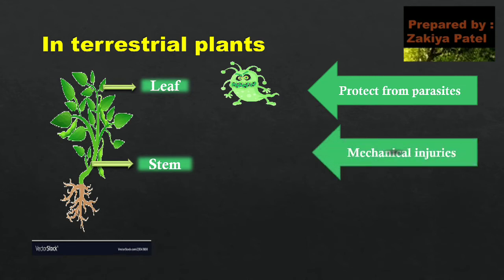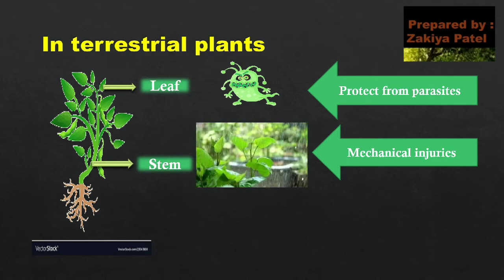The second thing is they protect the plant from mechanical injuries. What do you mean by mechanical injuries? The physical injuries done by heavy rain or heavy wind or any other physical activity. So these epidermal cells secreting waxy secretions also help the plant during mechanical injuries.